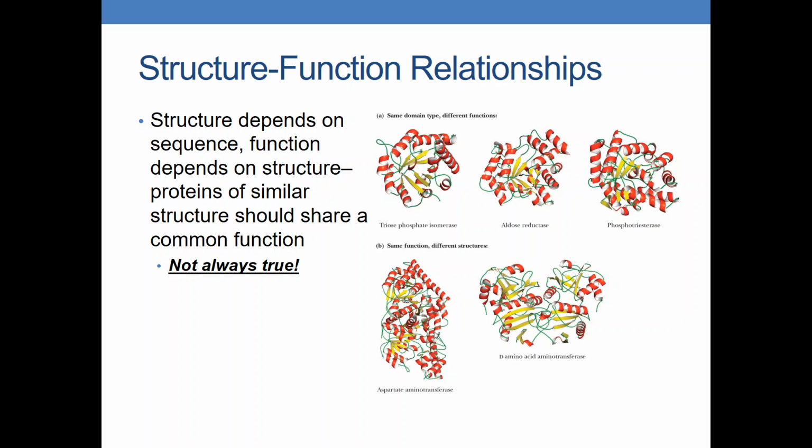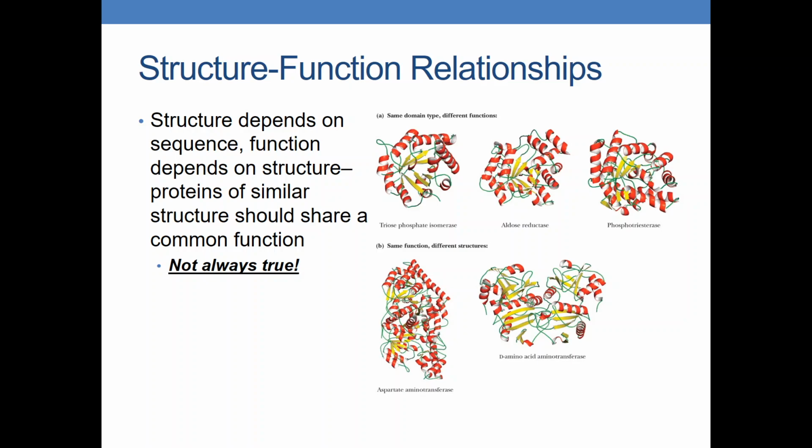There are other cases where you have same function, but radically different structures. So again, if we go back to evolution, we have here a case of convergent evolution such that evolution probably sampled different structures that led to the most efficient chemical path to do whatever it is these enzymes do. So evolution is usually looking to find the most efficient chemical path, but this doesn't require the same structure.